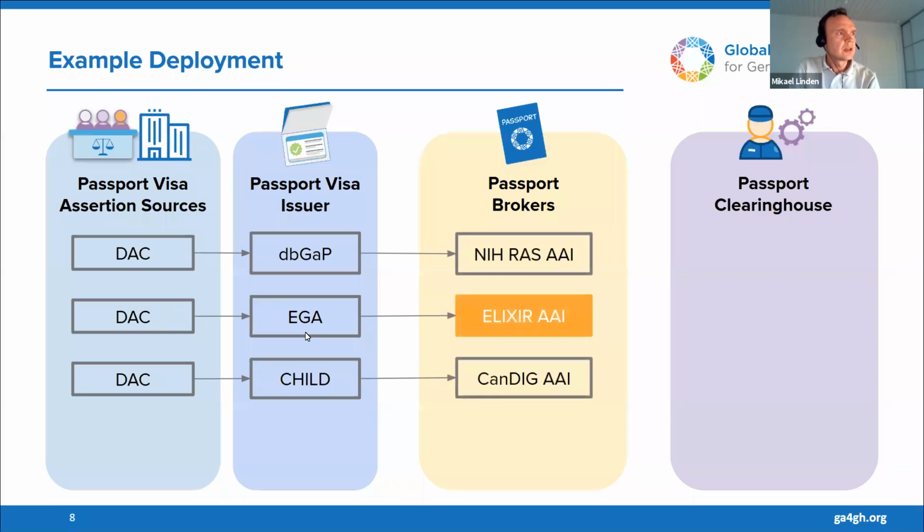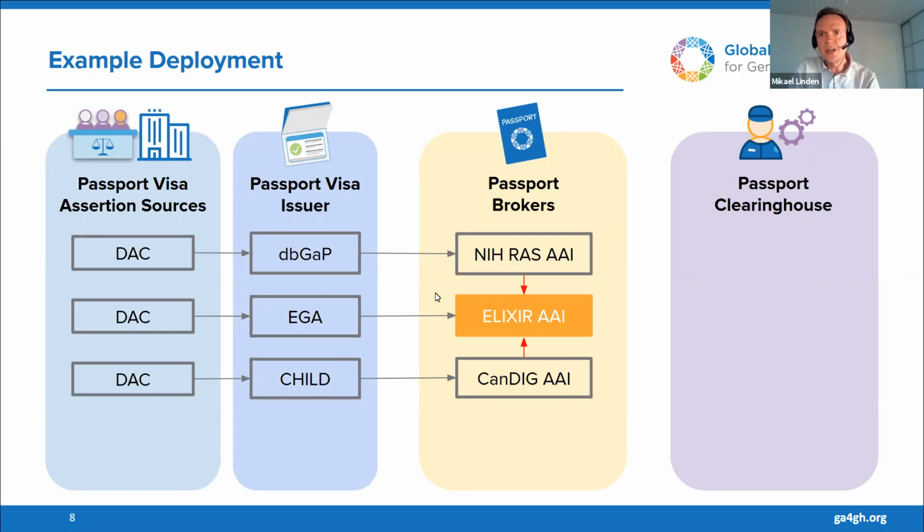So the issuers deliver the visas to the passport brokers, for instance, ELIXIR AAI, CanDIG AAI in Canada, and also NIH is planning its passport broker service. One of the features is that the passport brokers can interact with each other.